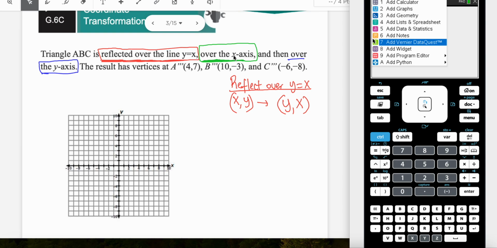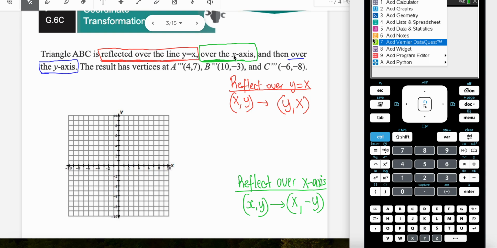And then when you reflect over the x-axis, if you have a point (x, y), the x remains the same, and you change the sign of the y coordinate.